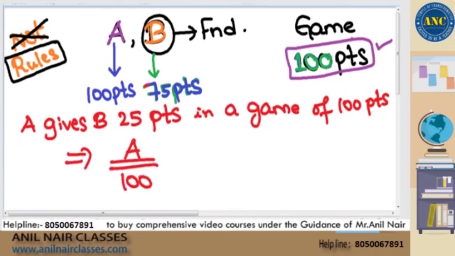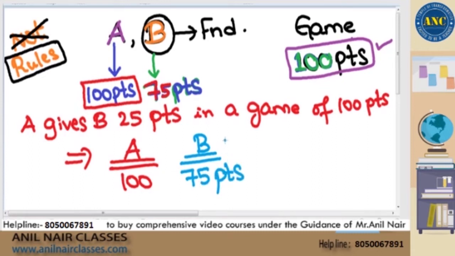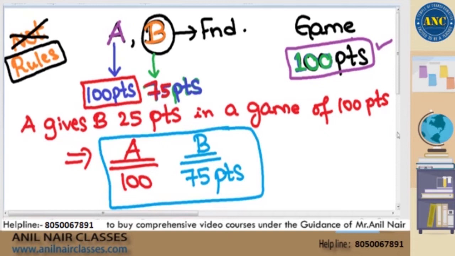If I give 25 points free to B, that does not mean that 25 points is deducted from my account also. I am still playing for 100 points itself. A will still play for 100 points. B will play 25 points less than 100. That means B will play only for 75 points. I hope the methodology or the concept used here is very, very clear for all the viewers who are watching this video. I hope it is clear, sir.